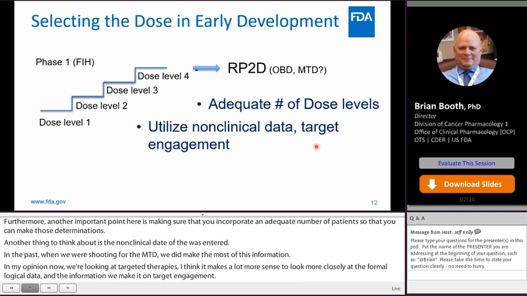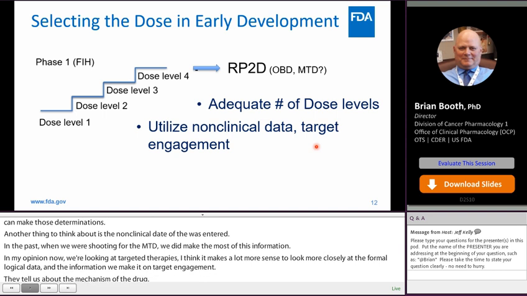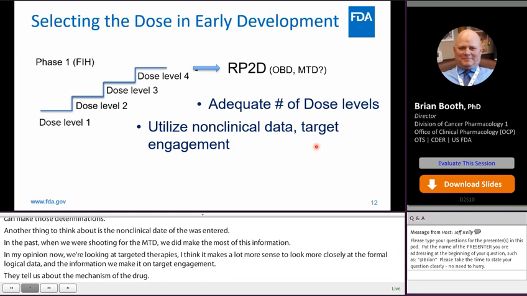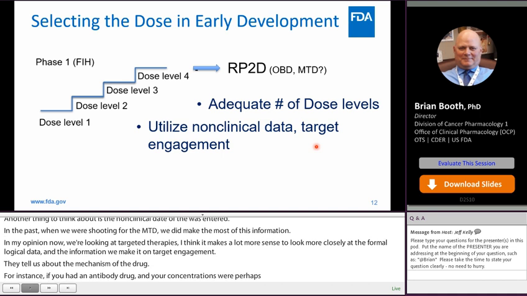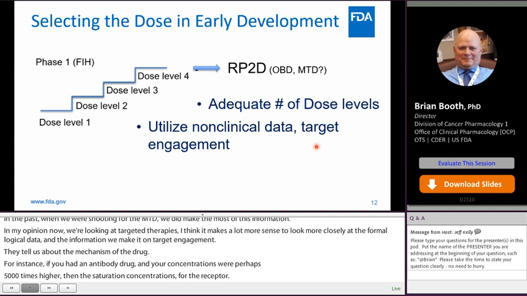And so, for instance, if you had a monoclonal antibody drug and your plasma concentrations were perhaps 1,000, maybe 5,000 times higher than the saturation concentrations for the receptor, it might prompt you to think or rethink about whether you have the appropriate dose. So I think this information can be used to help guide us in those sorts of decisions.